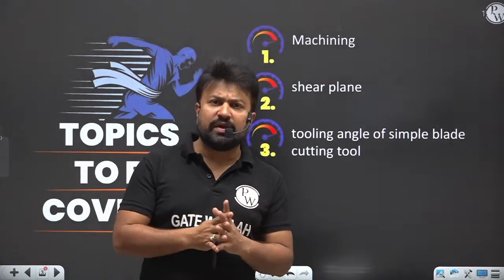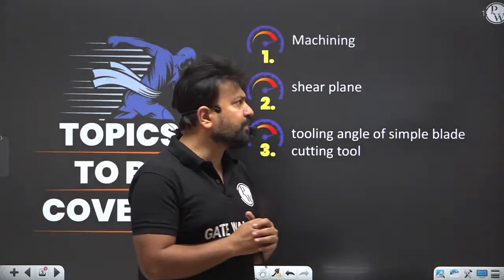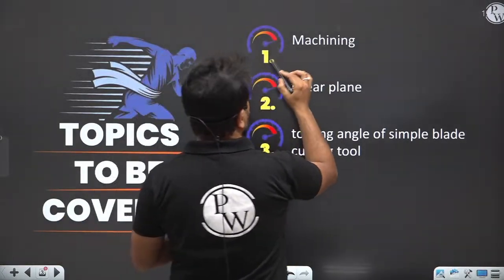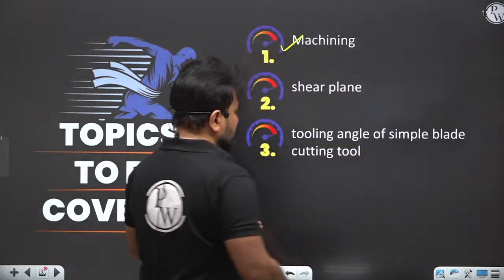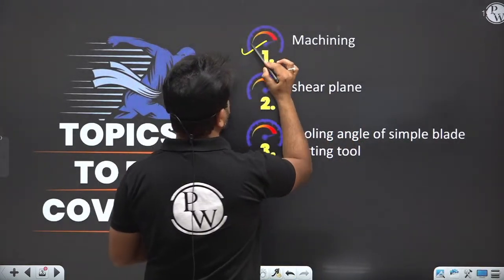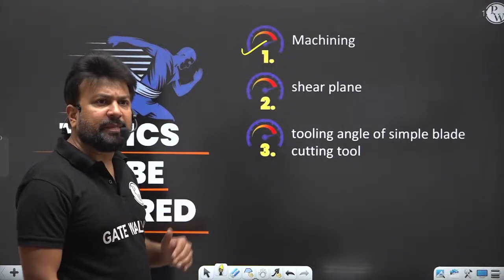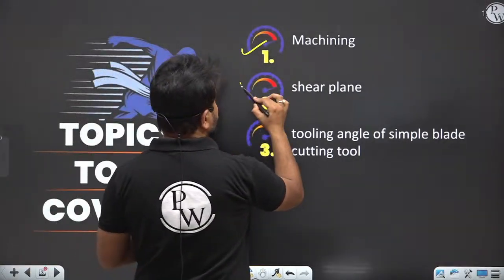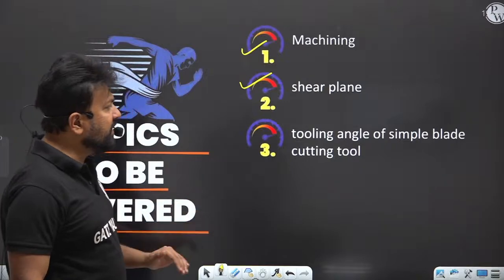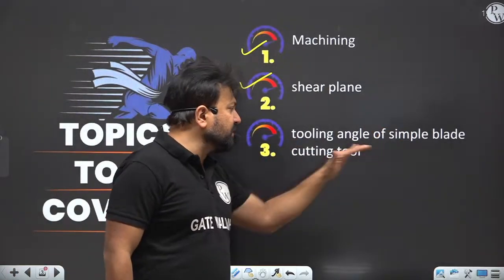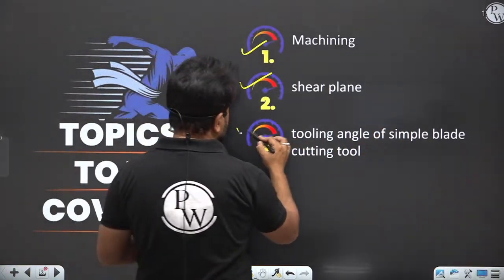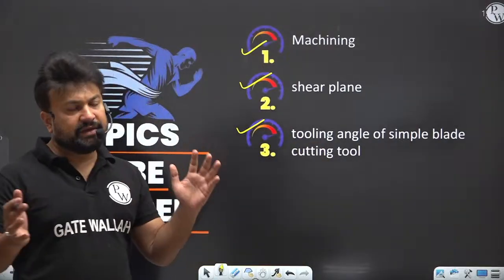Basically, I will cover only the single point cutting tool right now. Along with that, I'm going to cover the concept of machining. Then the second topic will be the shear plane. The third topic will be the tooling angles of a simple single point cutting tool. So these are the topics which I'm going to cover here.